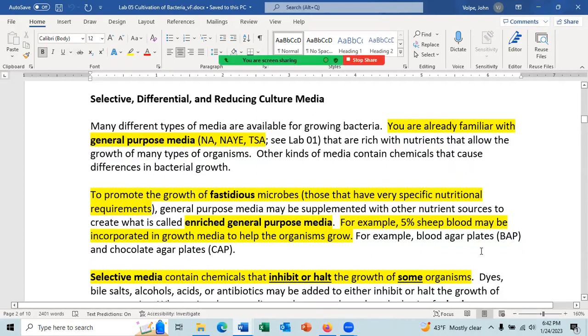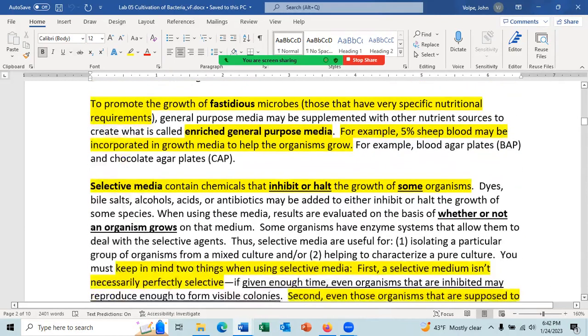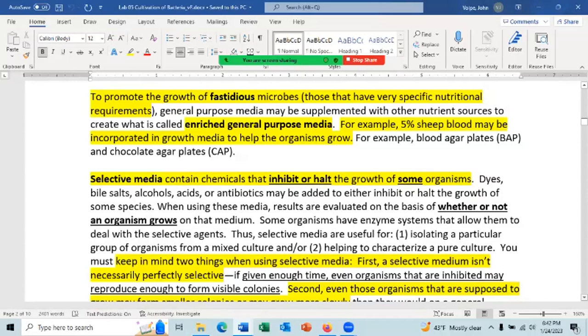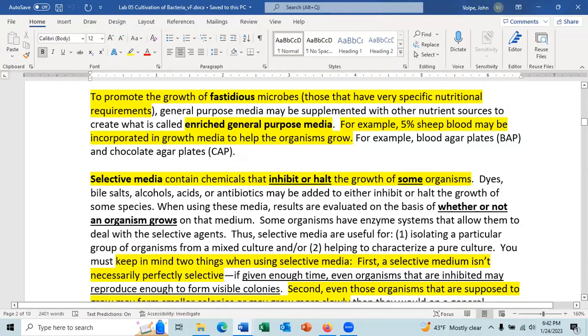And that actually is a blood agar plate, or BAP. Another enriched general purpose media is chocolate agar plates or CAP. All right, so there are general purpose media and then enriched general purpose media, which all of these are non-selective.